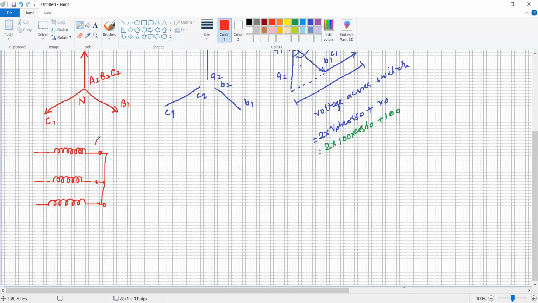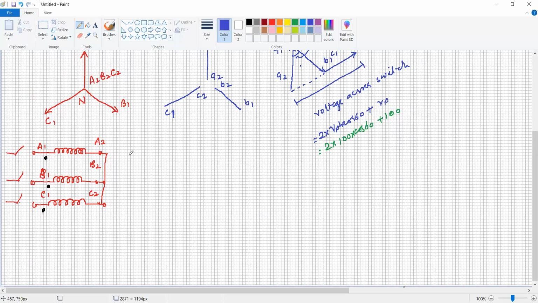So here it is A2, B2, C2. These are terminals A1, B1, C1, connected to the three-phase balanced voltage. And the notations are the same potential with respect to the secondary winding.